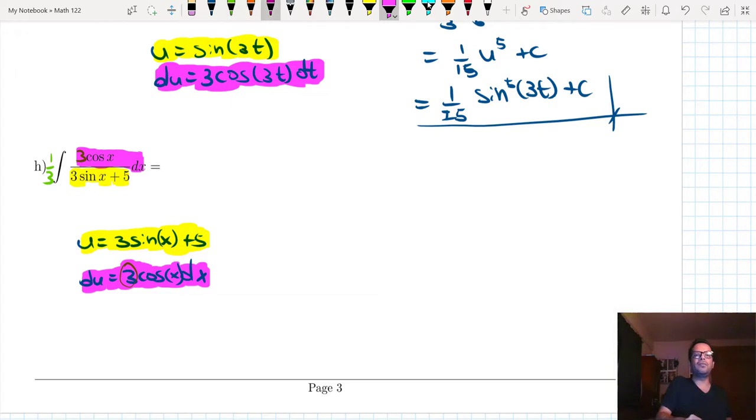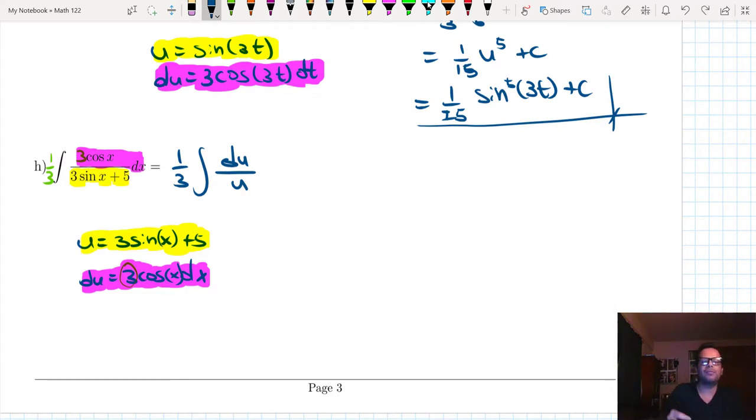All right, so let's do that replacement. Let's change a variable or substitution. 1/3 times the integral of du divided by u. But what's the integral of du over u? In other words, 1 over u, it's the derivative of what function?